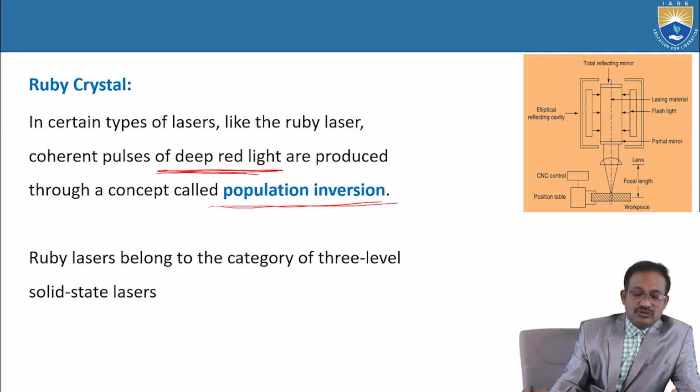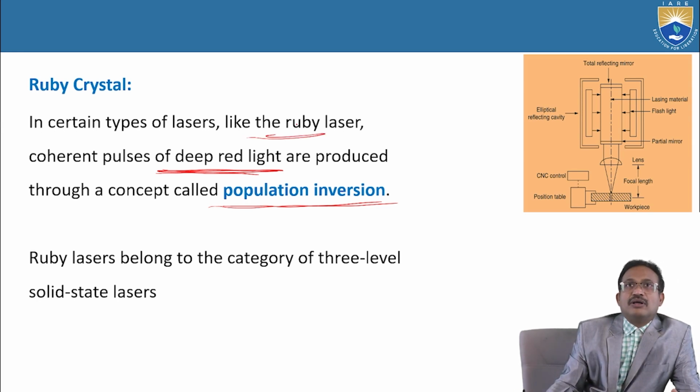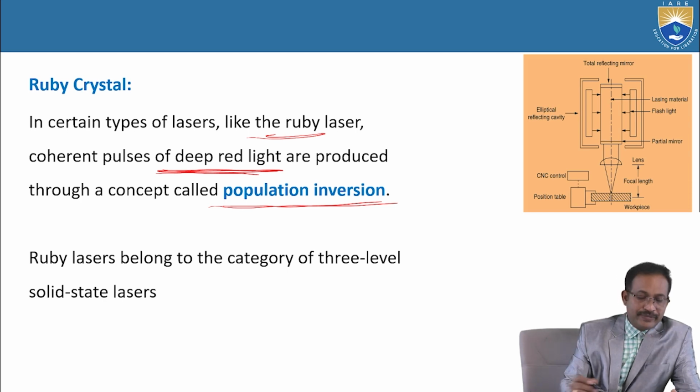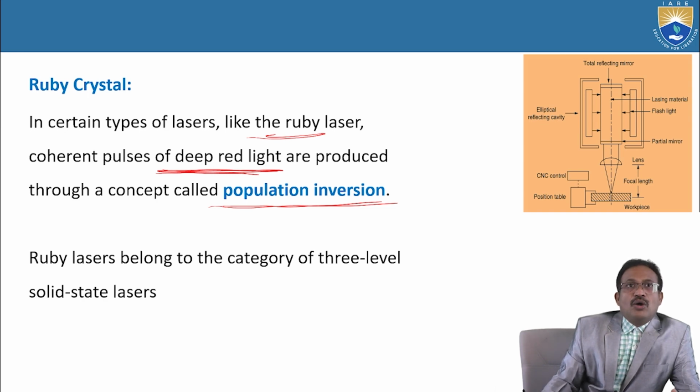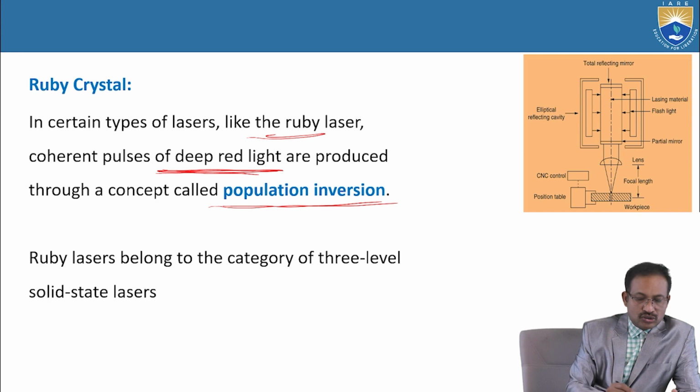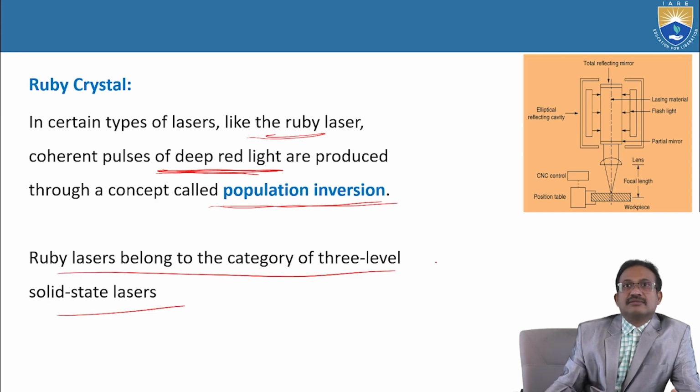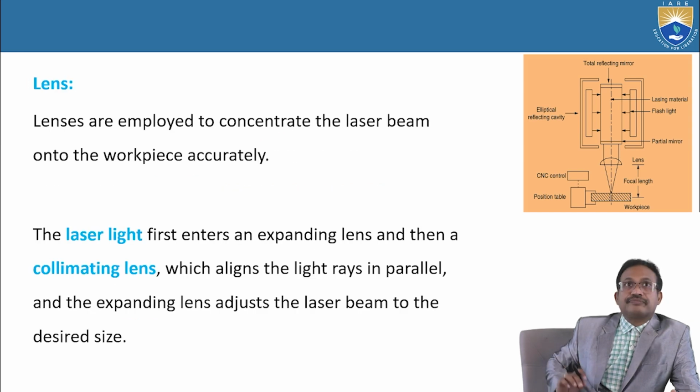Usually most of the lasers are set up with ruby. Ruby comes under the category of gemstone, usually we call it ruby stone. Ruby lasers belong to the category of 3-level solid state lasers.